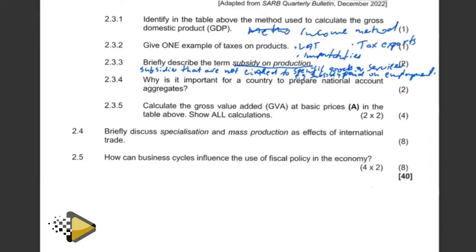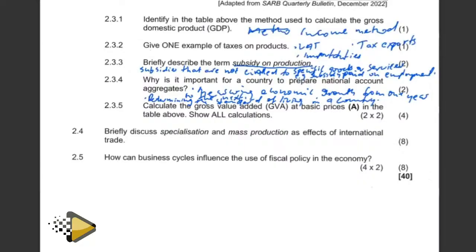Also, it should determine the standard of living in that particular country.